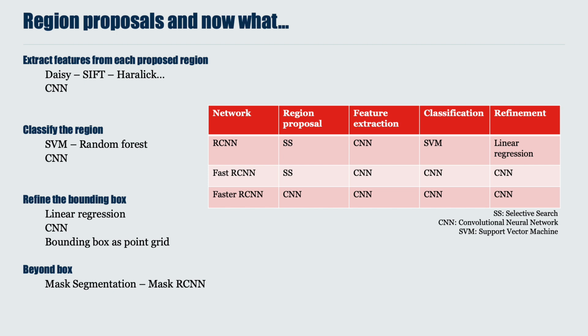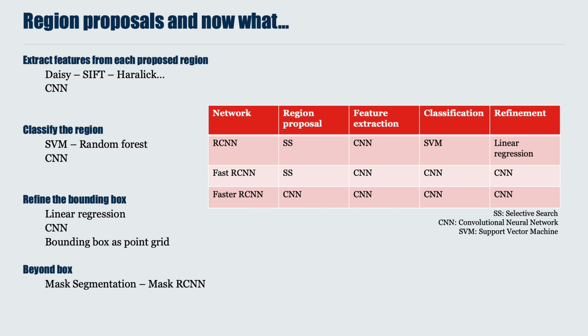You saw that in the biomedical machine learning course, but you have obviously many ways of proposing features. That may be texture features, you saw daisy, sift, Haralick features, but obviously you can also get features through convolutional neural networks. Then you need to classify the region: is it something? Is it not something? Is it a dog or is it a cat?